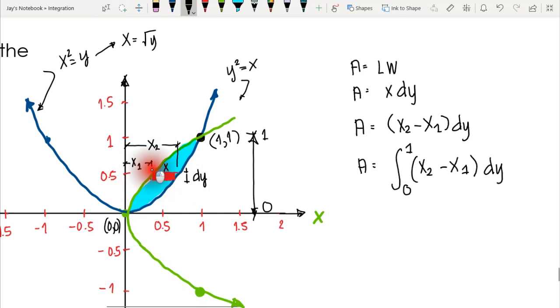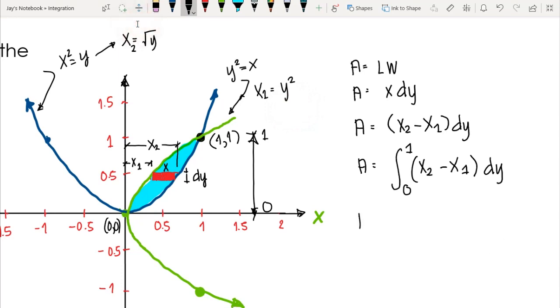Our x sub 1 touches the green curve, which has the equation y squared equals x. So our x sub 1 is equal to y squared. That is the function of y. Since we are integrating with respect to y, we need a function of y rather than a function of x. So let's convert x sub 2 and x sub 1 in our integration.